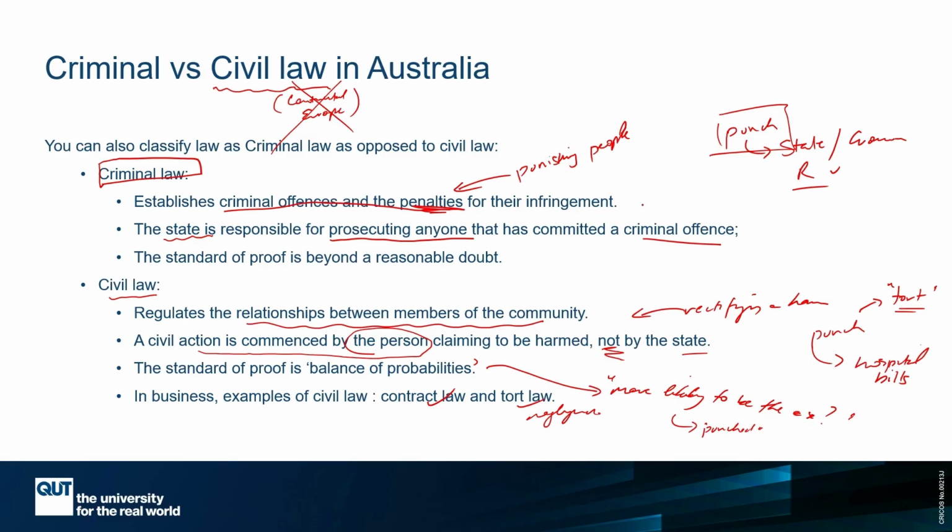But criminally, because I might actually go to jail and the punishment is so high, we have a different standard. The standard in a criminal issue is beyond a reasonable doubt. Is there any other reasonable explanation? Are you really sure that he punched you, that this person punched the other one, right? There's got to be no other reasonable explanation.